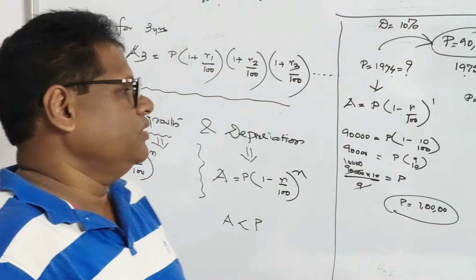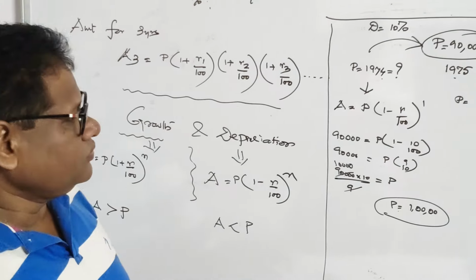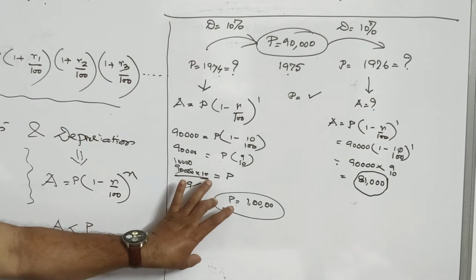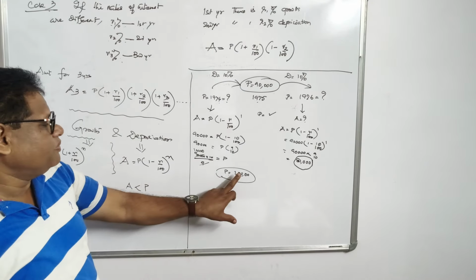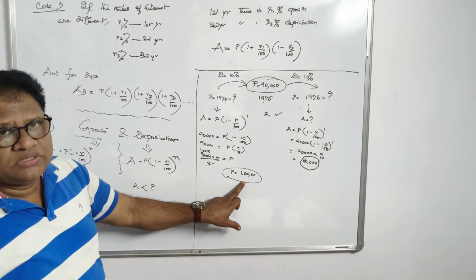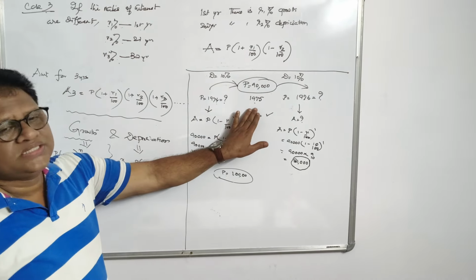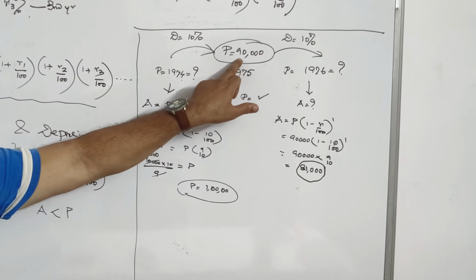Now let me prove it using the concept of percentage. If the population in 1974 was 1 lakh and the population depreciates by 10%, 10% of 1 lakh is 10,000. Reduce 10,000 from this and you get the amount, that is the population in 1975, which is perfect, 90,000.